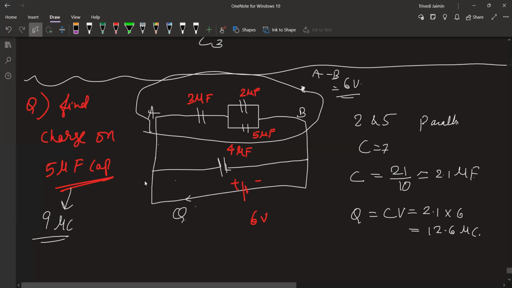Or if I keep it like this, 21 by 10 into 6, or 63 by 5. Either way.